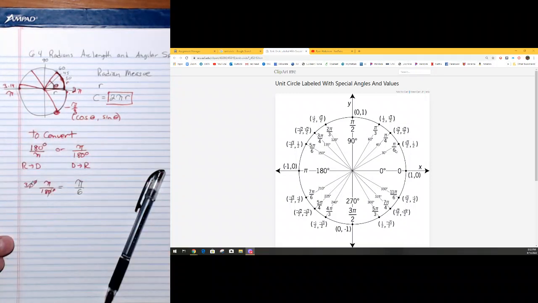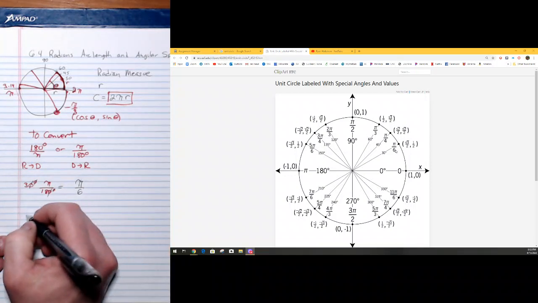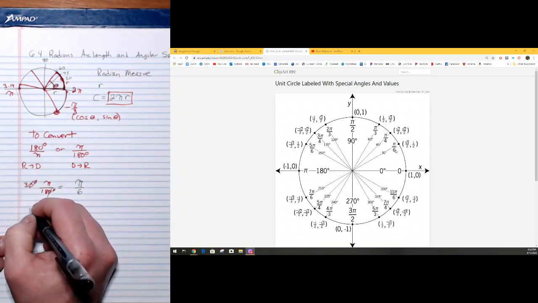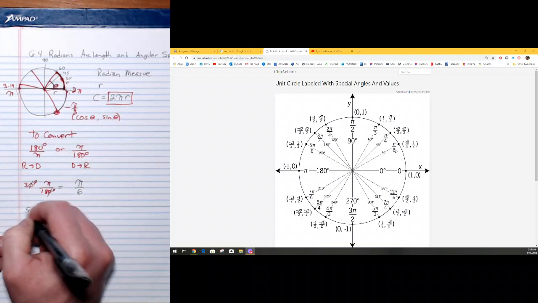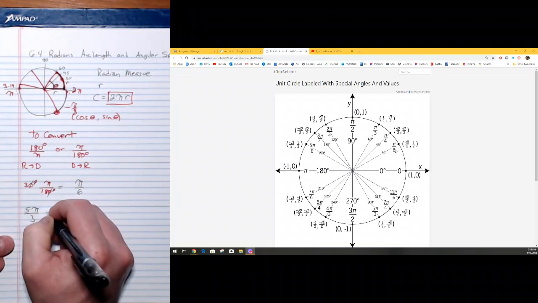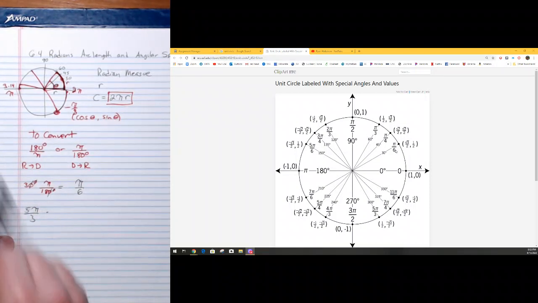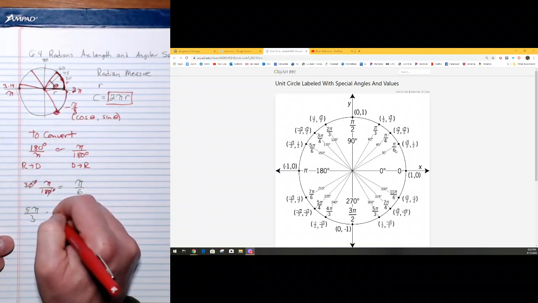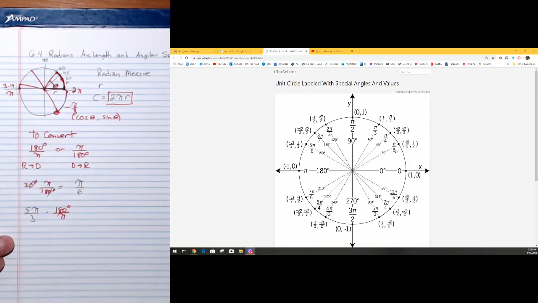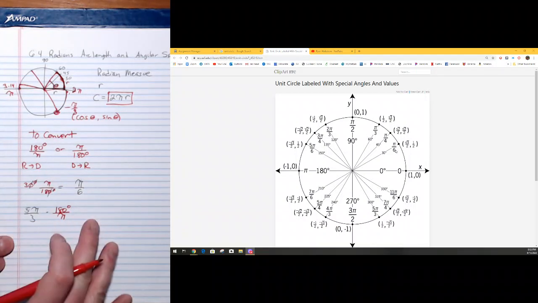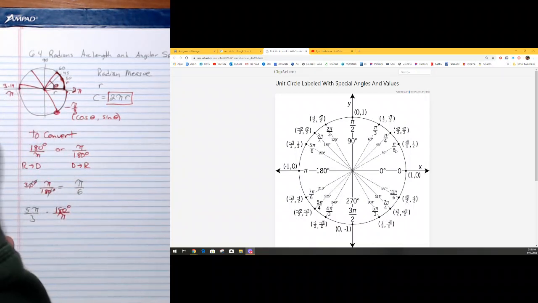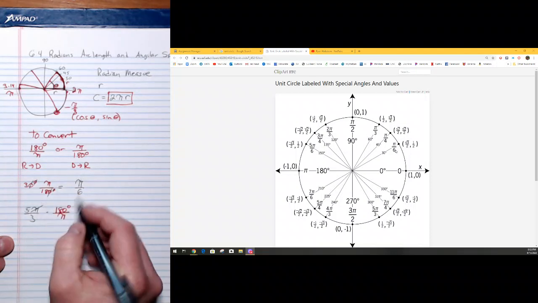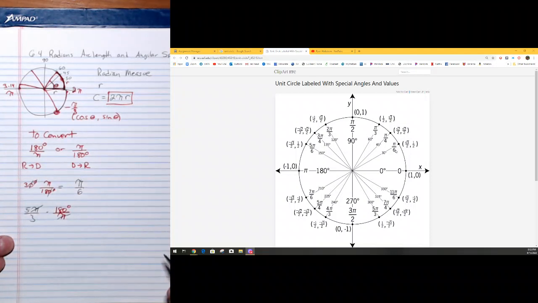Now, if you want to convert the other way, straightforward as well. Let's say that we had 5 pi over 3 radians, and we wanted to convert that into degrees. So I'm going to make sure that I multiply by the fraction of 180 degrees, and I would divide that by pi. And I know I'm doing the right thing here because my first order of business is going to be able to cancel pi out.